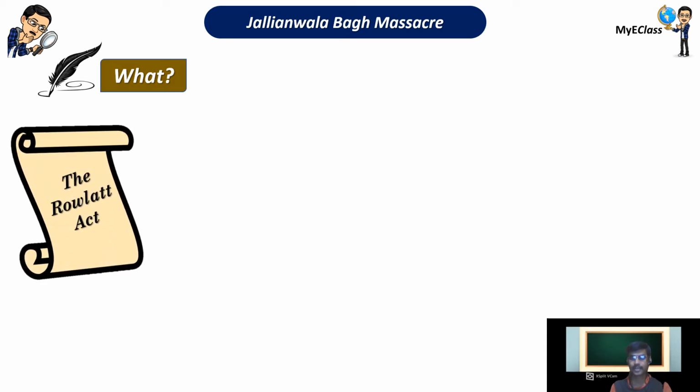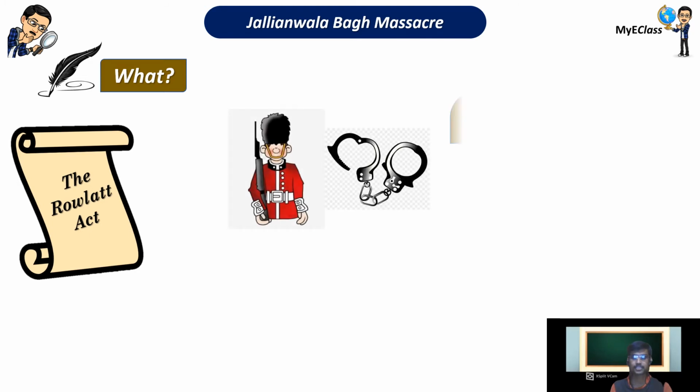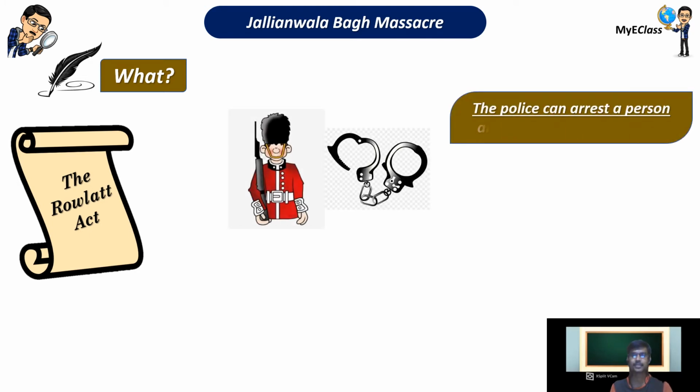The Rowlat Act was a law which was passed by the British, which enabled the police to arrest any person out of suspicion, and they could declare him as an offender.